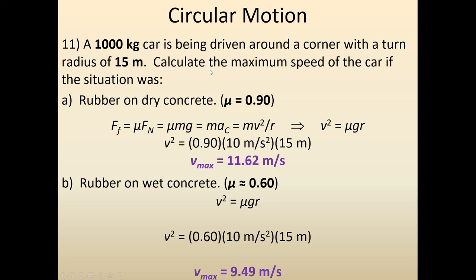So again, a perfect example of why it's important that when the weather gets bad and it starts raining, you don't want to keep driving like you would normally drive. Especially since I don't really know how wet this concrete is, but if there are large puddles, I'm pretty sure this coefficient would probably be a lot less as well.